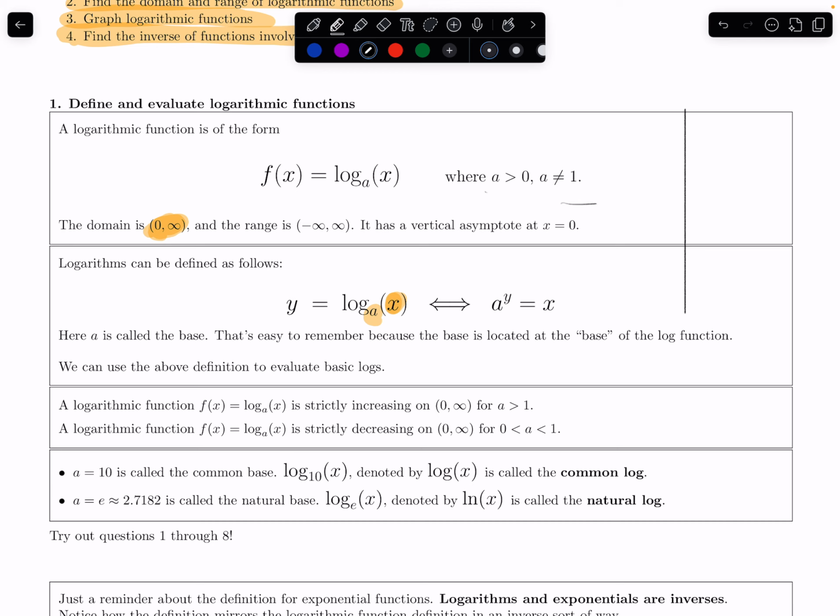So here's a typical log function. If the base a is bigger than 1, then your log function looks something like this. Let me think. Where should it cross?